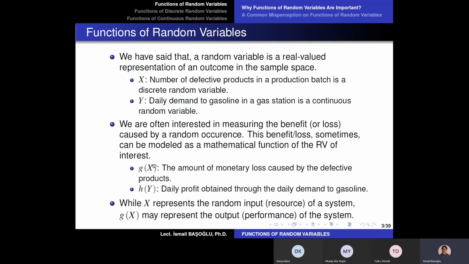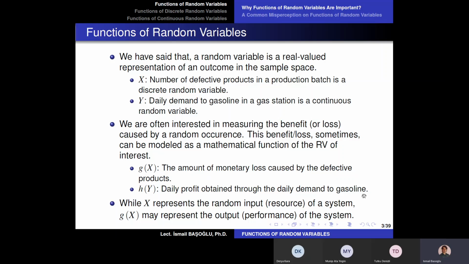So if capital X is the number of defective products in a batch, we can define a function which calculates the cost of these defective products, and that is going to be the amount of monetary loss caused by the defective products. And I can define another function, H. So it is going to calculate the daily profit that I'm going to obtain from the daily demand for gasoline, okay?